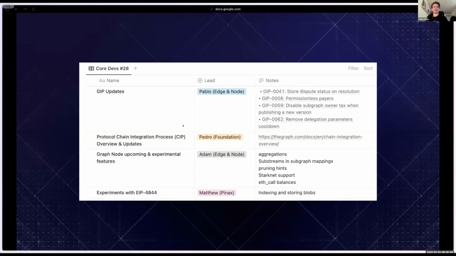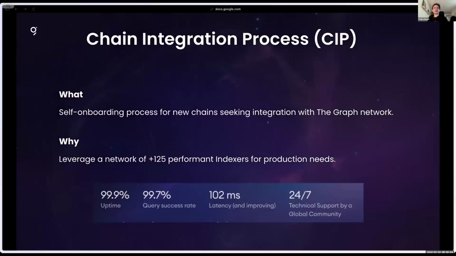There are interesting upcoming and experimental features we can showcase and talk about a little bit. And then a last-minute addition to the agenda: Matthew from Pinax. They've been working on a solution to store and save the blobs related to EIP-4844. So very cool. Let's get started with the CIP, what it is.